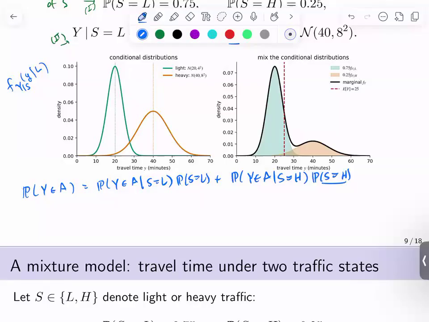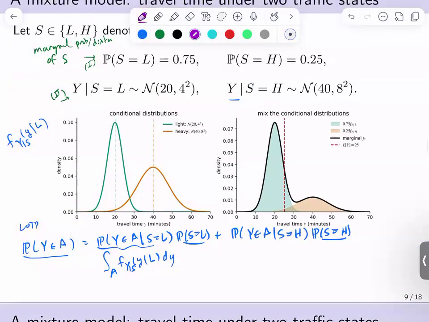I know these values, and these are going to be integrals. So this is going to be an integral over A of f of Y given L, this is Y given S, dy, and so on, similarly. This is the law of total probability in this case. And so I can compute the marginal density. Y will have a density, and it turns out to be a mixture density.